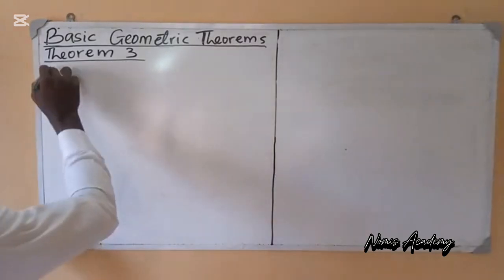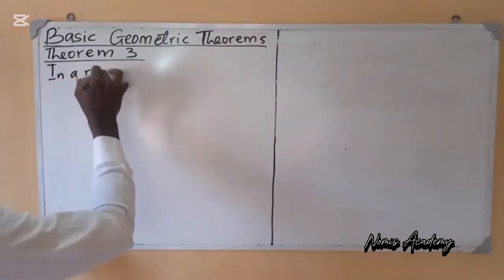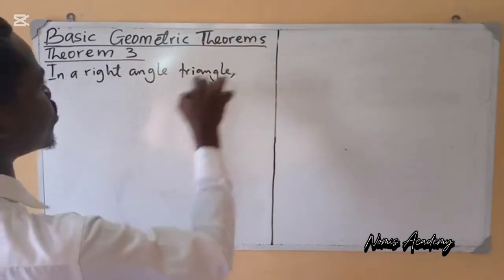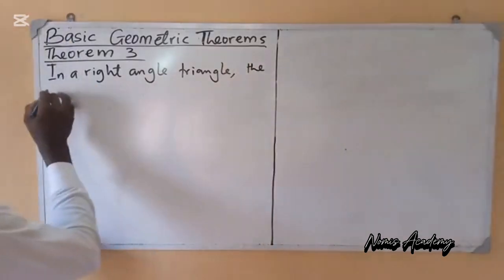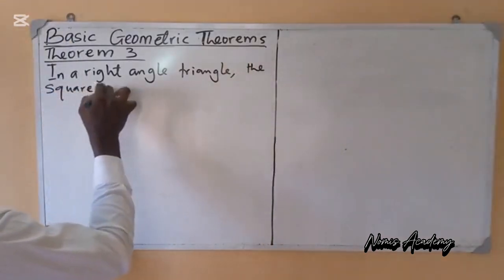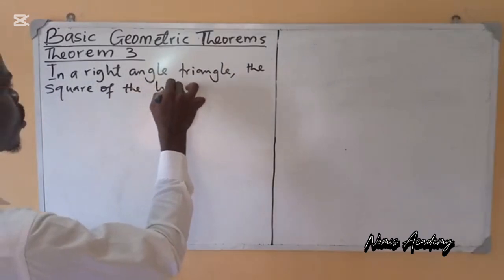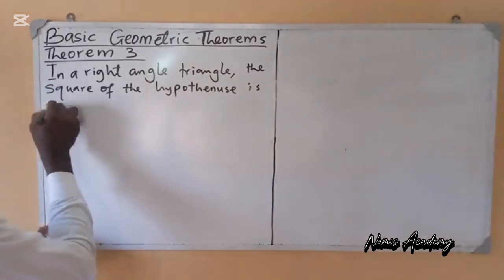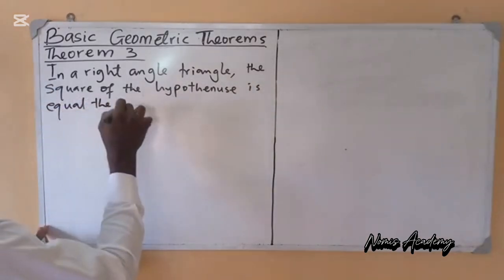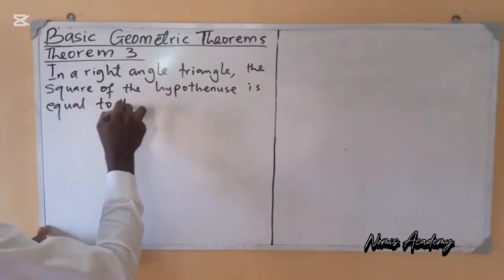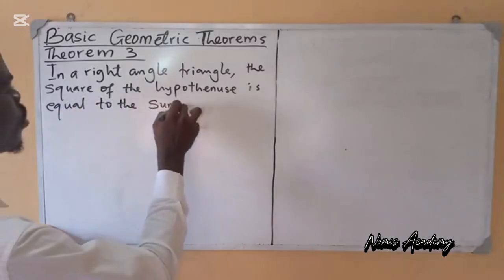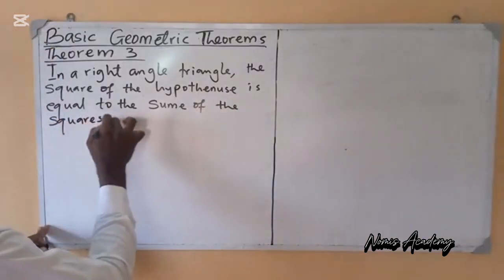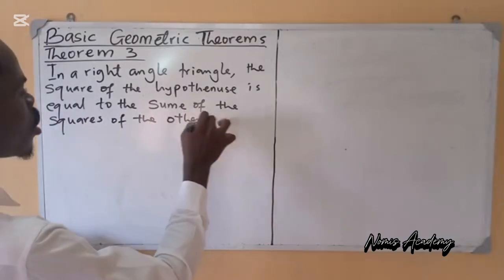It states that in a right angle triangle, the square of the hypotenuse is equal to the sum of the squares of the other sides.